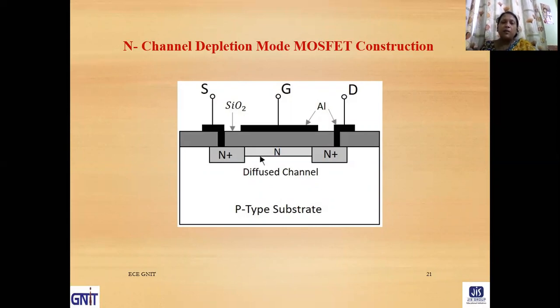It is becoming normally off state from normally on state. So it reaches normally off state as the channel is depleted of free charge carriers. So in case of enhancement type MOSFET, this type of diffused channel is not there.